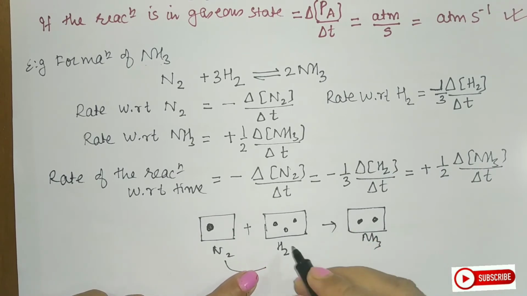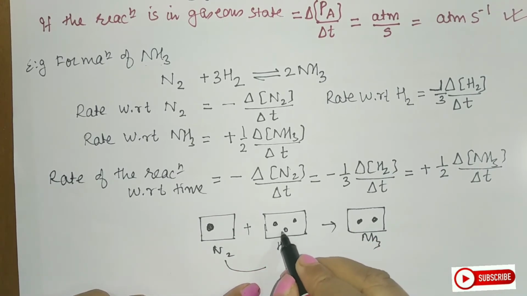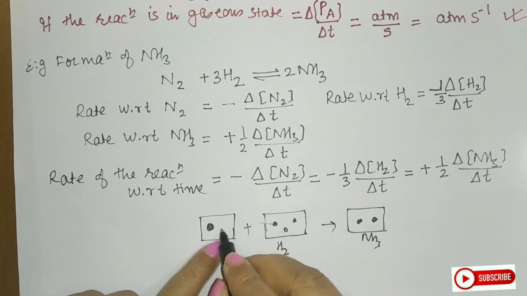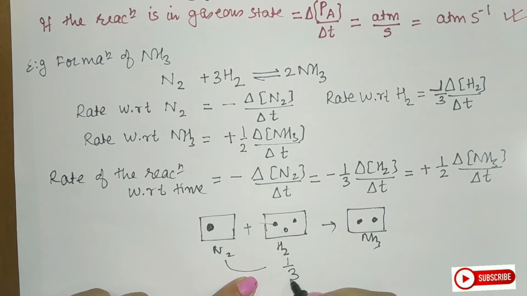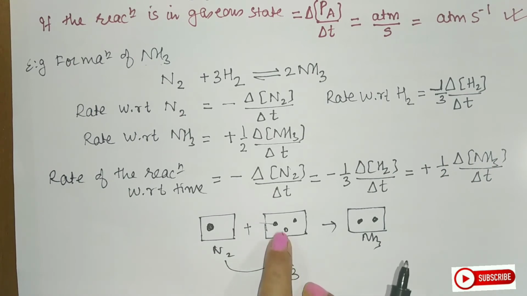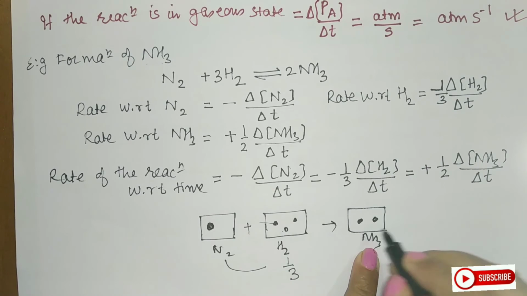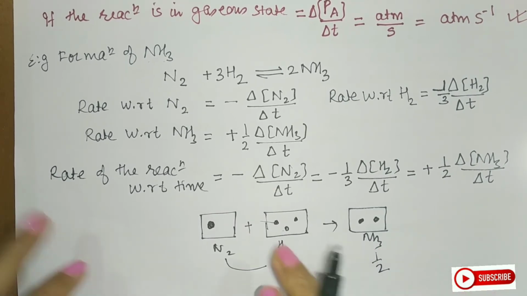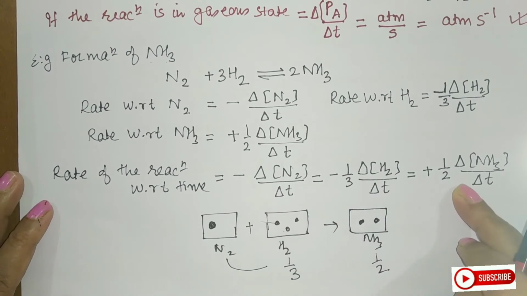Only 1 is required, and therefore out of those 3, only 1 will react, and therefore only 1/3 is utilized for the reaction. And when 1/3 is utilized, only 1 mole of ammonia will be formed, so 1 will remain as it is. So what we take here is half, and therefore we use the coefficients in this way.